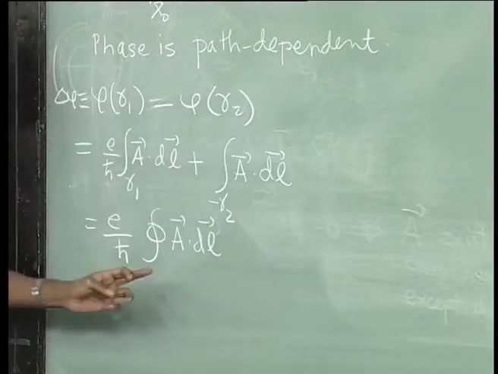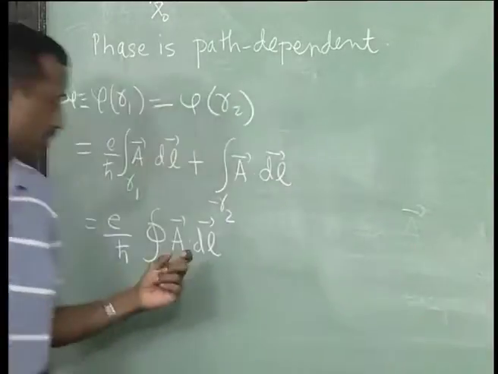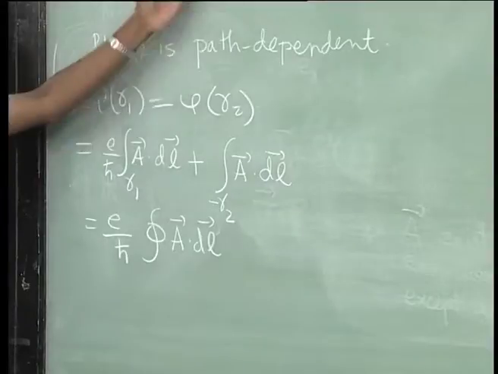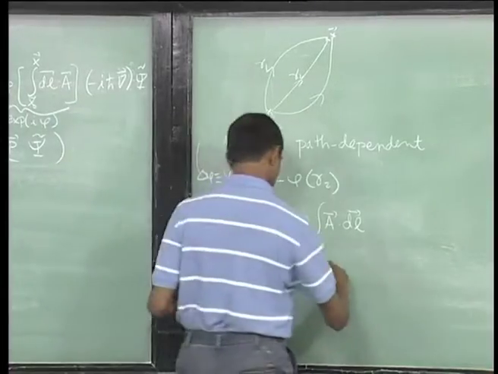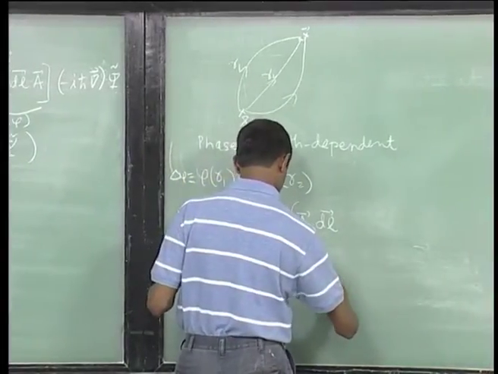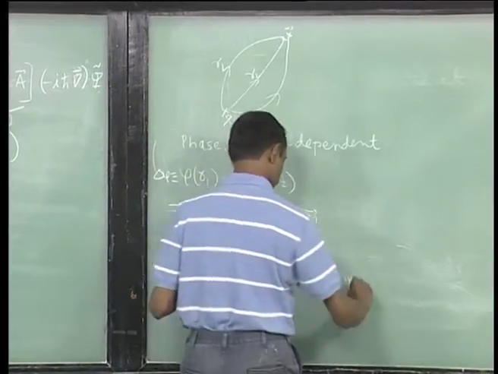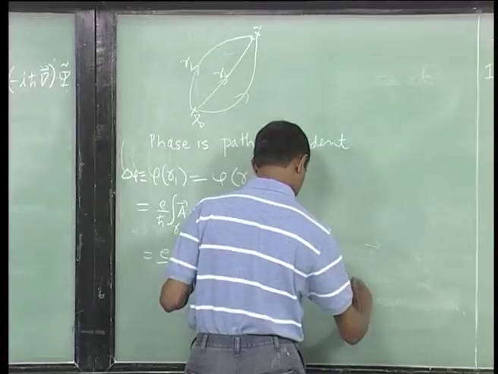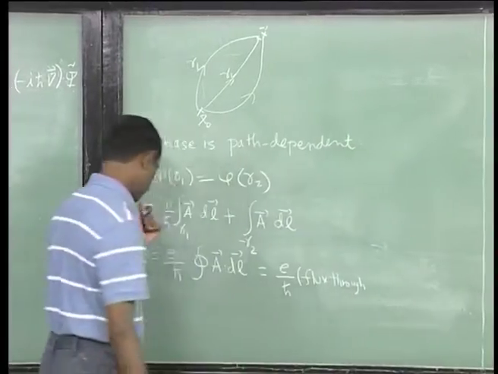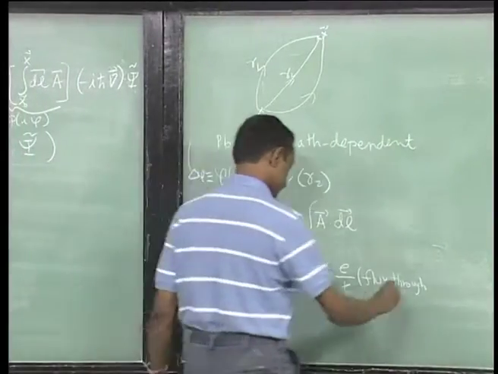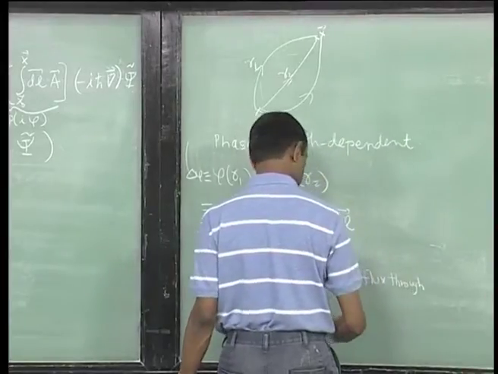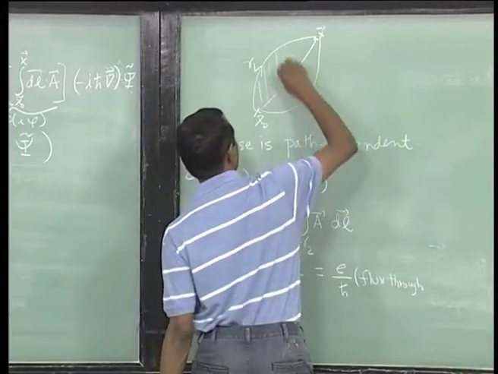But just the same argument, going in the opposite direction, shows you that this is equal to the flux through this area.